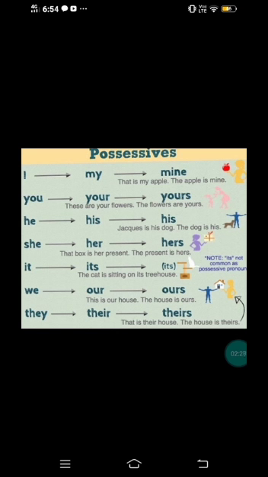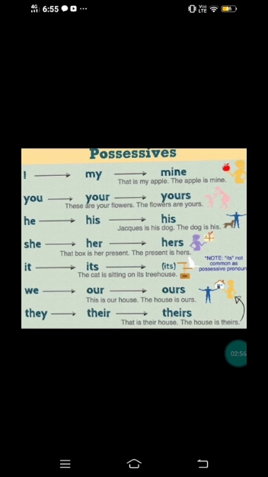But there is a difference between those two. IT apostrophe S means it is. ITS means belonging to, something belongs to somebody, without apostrophe. With apostrophe, it means it is.